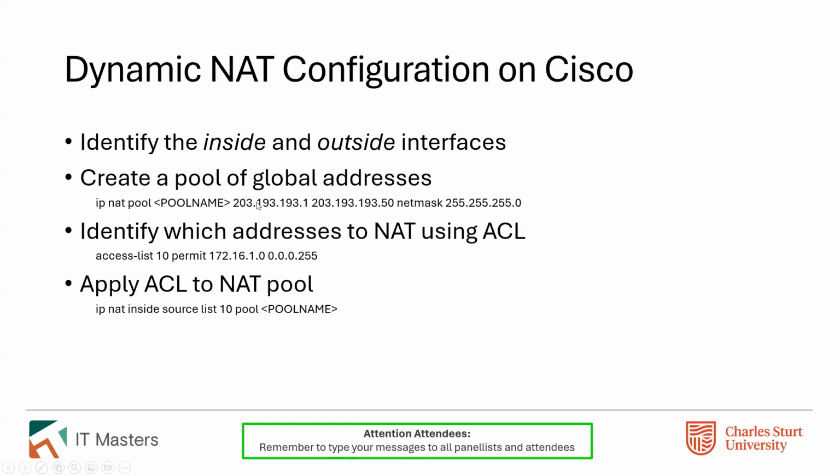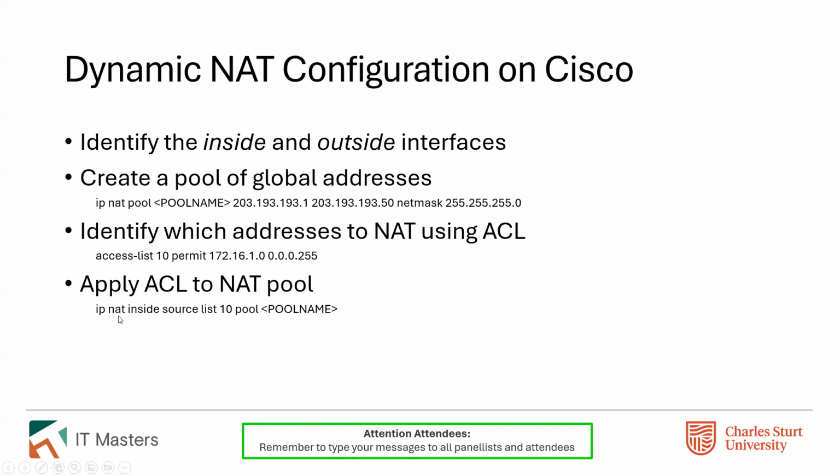In this case, we're identifying that everything from 203.193.193.1 through to .50, in what is a /24, 255.255.255.0, is to be used for that pool. What that in turn means is that any outbound connections will be assigned to one of these addresses in sequence. So essentially, any internal device will just pick up the next available IP address and run with it with no additional config required.